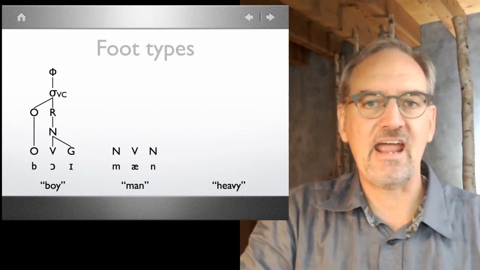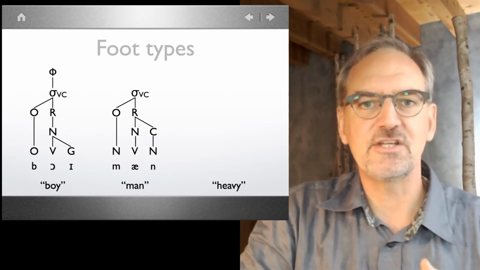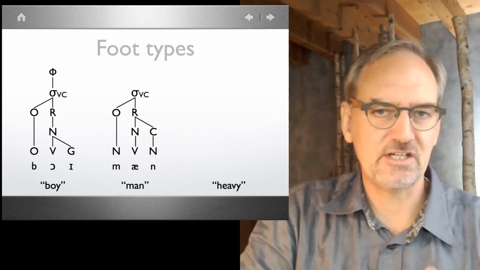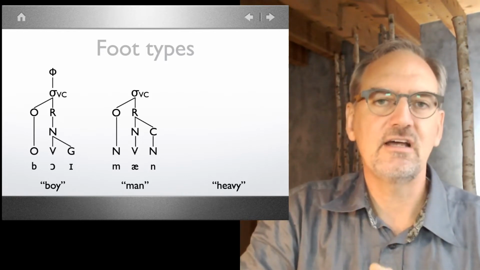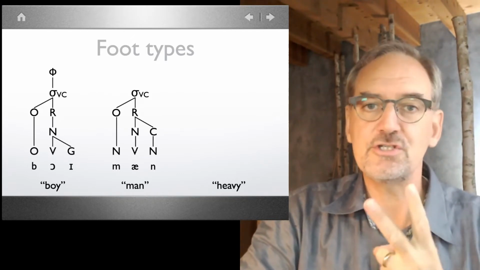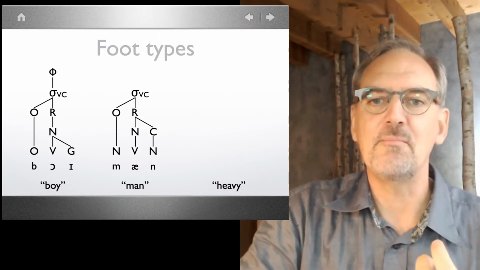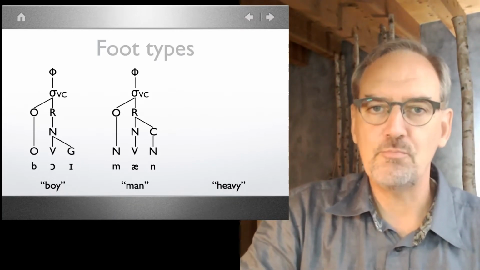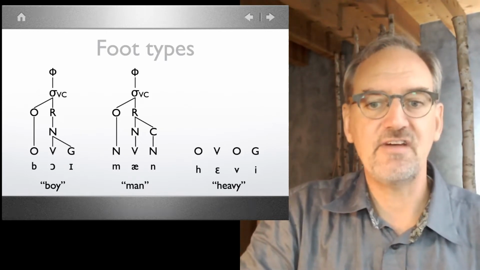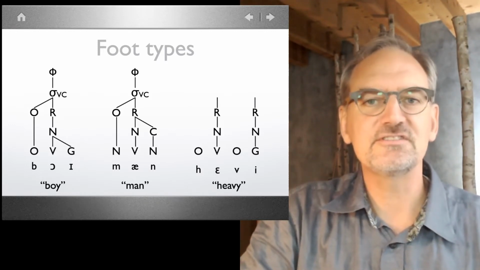Okay? Now, the word man is also made up of three segments, also having two segments in the rhyme, but this time one segment is in the nucleus and one segment is in the coda. So there's no branching nucleus, just a simple nucleus followed by a simple coda, but there are two segments in the rhyme, which fulfills the minimum requirement for a monosyllabic foot. So man is also a monosyllabic foot. In the case of heavy, there are two sonority peaks, therefore two syllables.